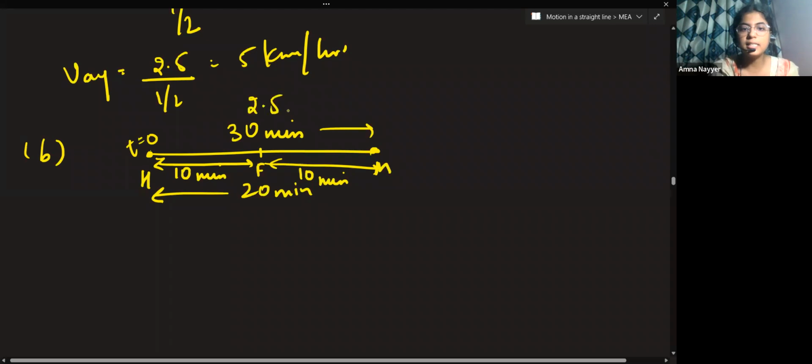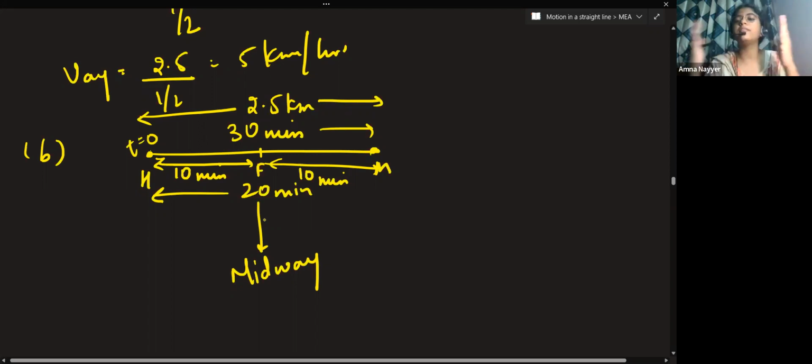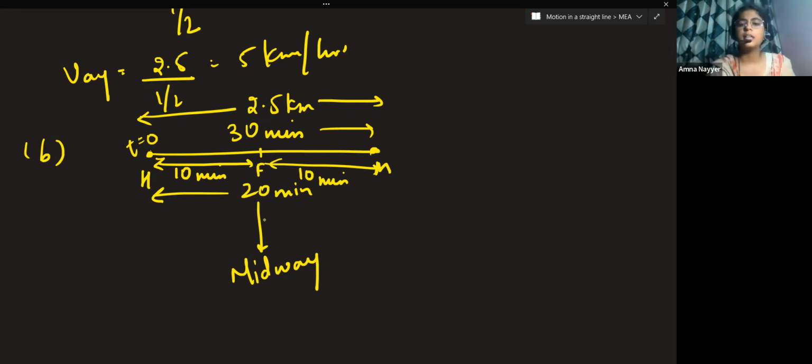This distance is 2.5 kilometers. This is midway. Because obviously midway, the time will get divided into 10 minutes and 10 minutes, since any other information is not provided to us. It can happen that the person might not be exactly at this point, but according to the question given, this will be our answer.